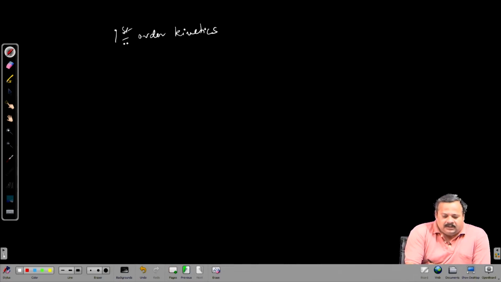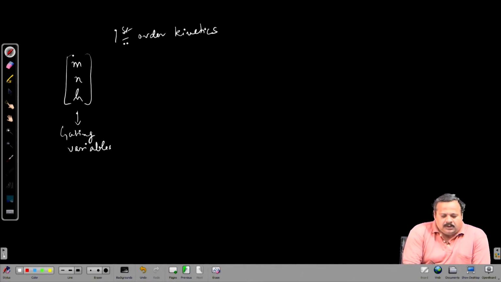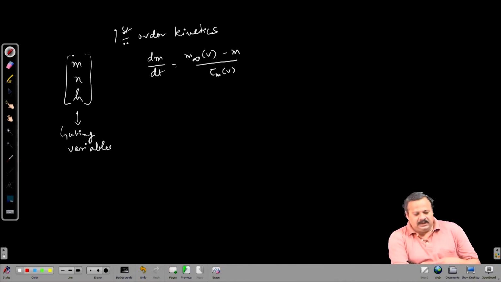For each of the gating variables, M, N and H, they are, as we said, probabilities, but they are also dynamically changing based on the voltage, since they are functions of voltage. So, we have first order kinetics: dm/dt is equal to (m infinity of V minus m) by tau m of V. There are a few terms here that need explanation.